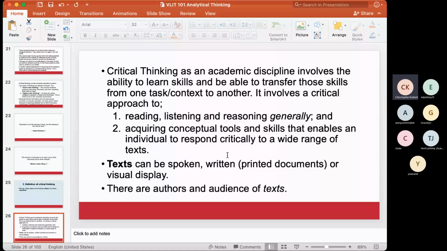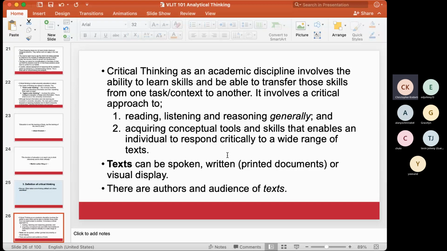As an academic discipline, you should be able to learn a skill and apply it across board. For instance, you have been admitted to BSc Marketing or BSc HRM or BSc Management. The skills that you learn there, critical thinking says they should be transferable.